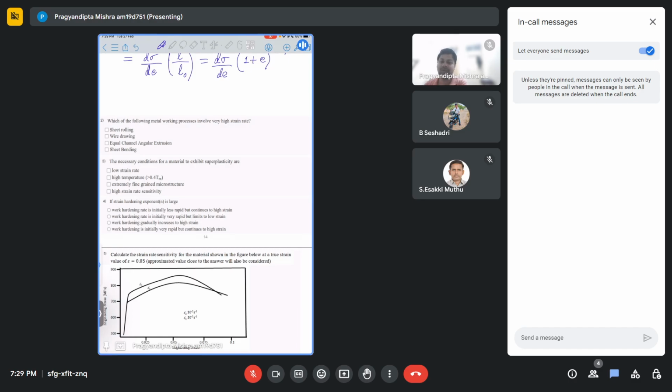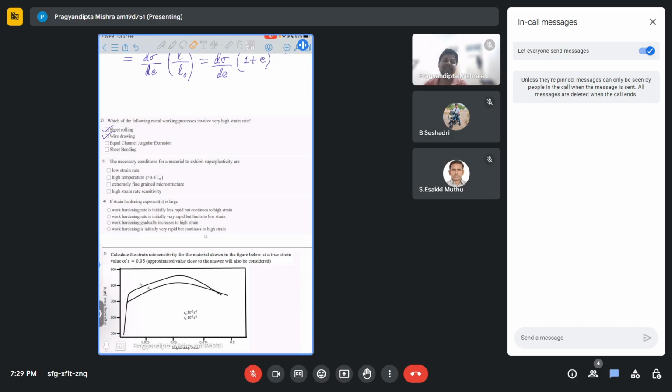So the first one, of course, is sheet rolling. We know that that involves very high strain rate. Wire drawing also involves that, right? Because you need to have that kind of processing so that you can get wire being drawn out or sheet being rolled out. You need to have high strain rate.